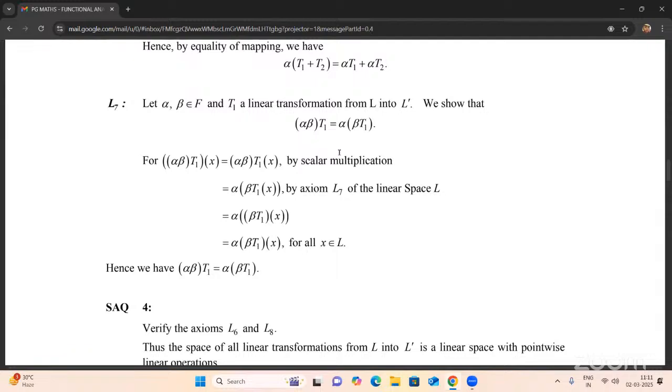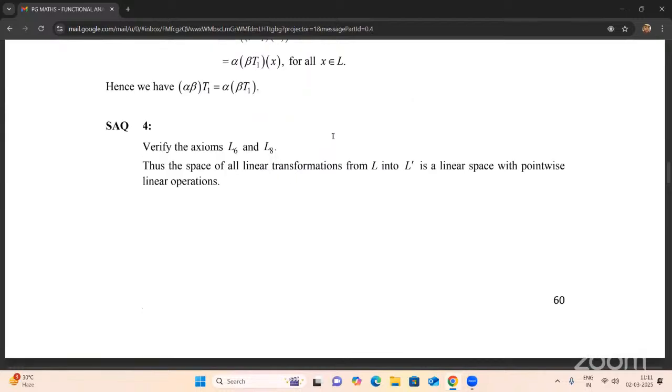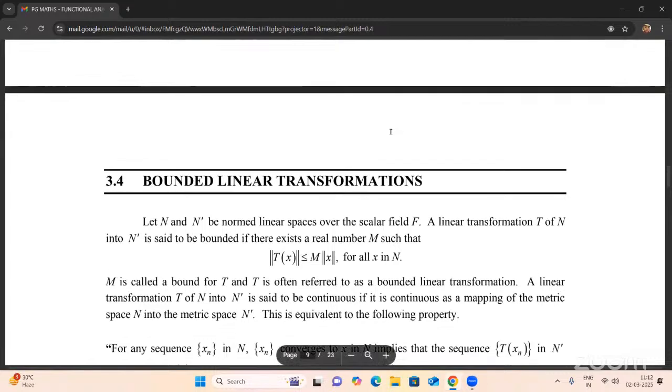Now, first of all, you must satisfy given this relation under vector addition and scalar multiplication. Is it a linear transformation or not? And continuing this part, L1, L2, L3, L4, L5, L6, L7, L8. So these are all verified. Then automatically the given map T maps L into L dash is a linear space. That direct question is given in the examination.